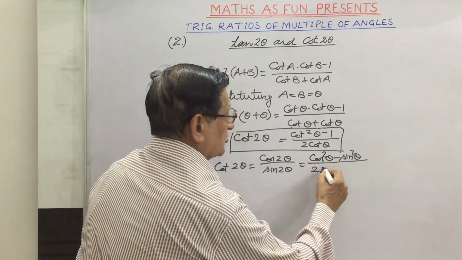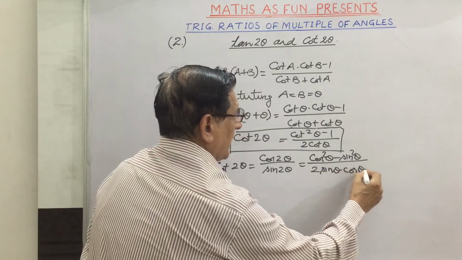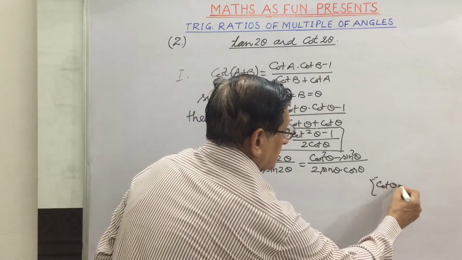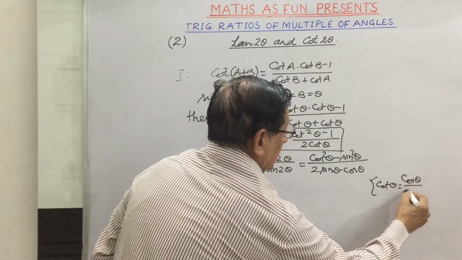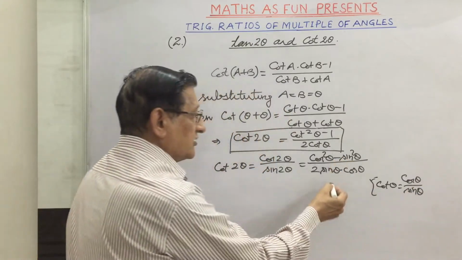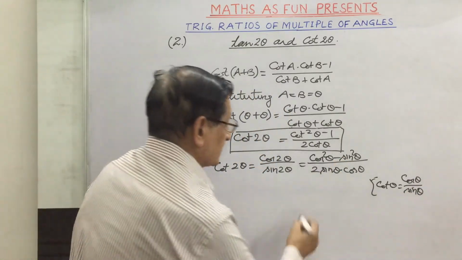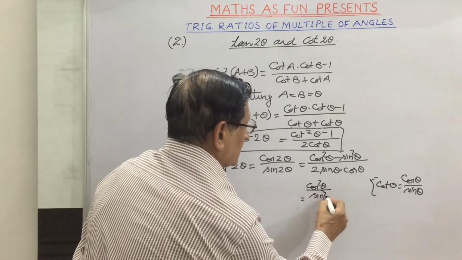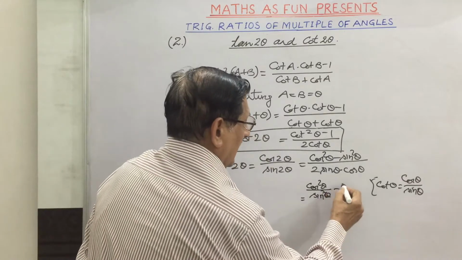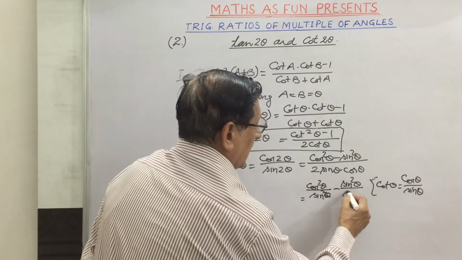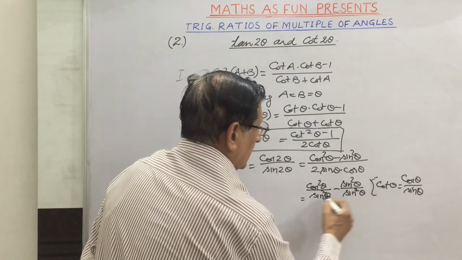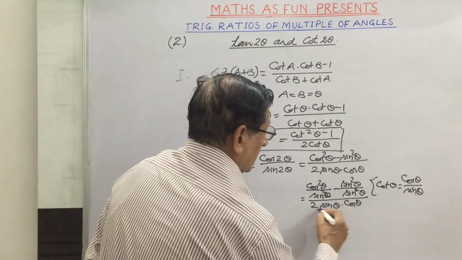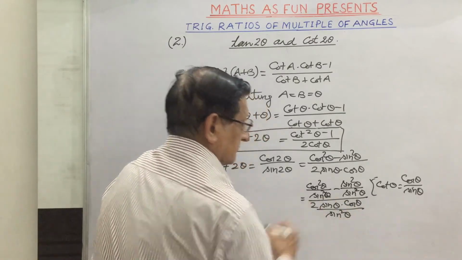Sine 2 theta is 2 sine theta into cos theta, and because we know the formula that cot theta is cos theta upon sine theta, we will divide this by sine square theta and we will have cos square theta upon sine square theta minus sine square theta upon sine square theta, whole upon 2 sine theta into cos theta upon sine square theta.